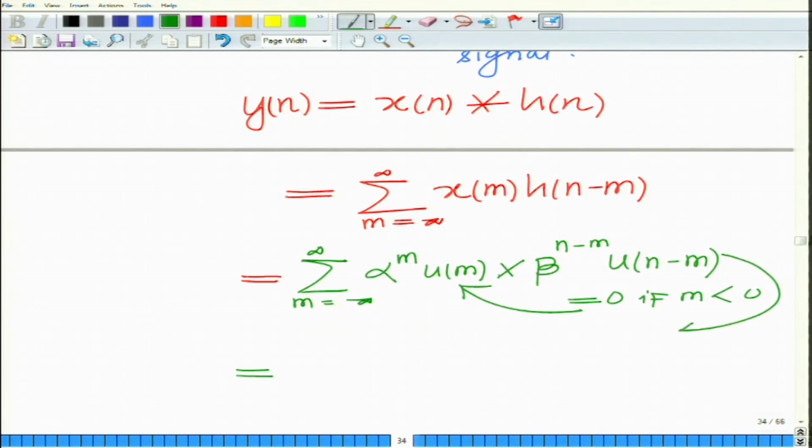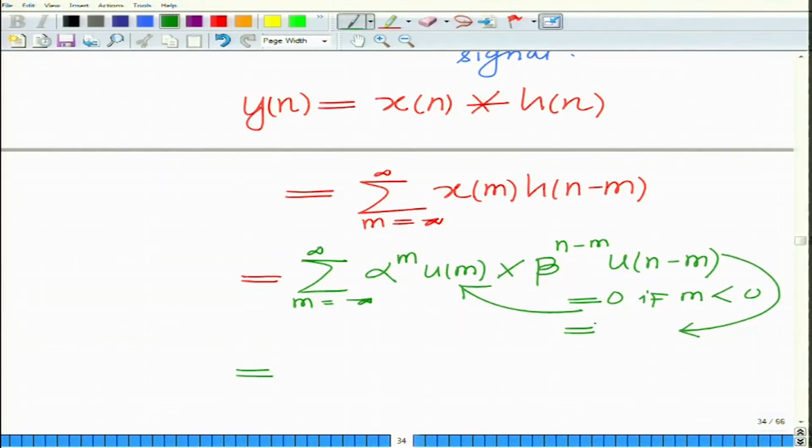Similarly, u of n minus m is equal to 1, and is equal to 0 if n minus m is less than 0, or basically m is greater than n. Hence, this sum is non-zero only for m lying between 0 and n.